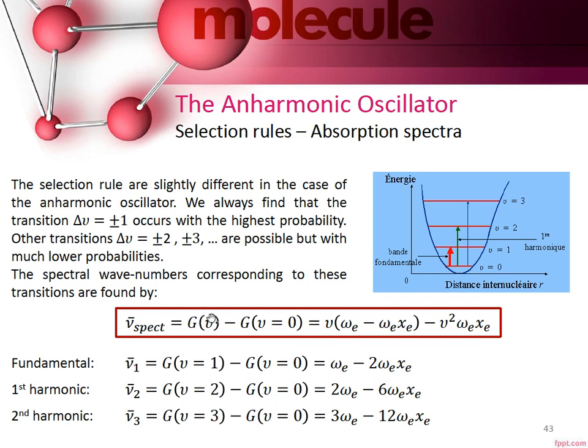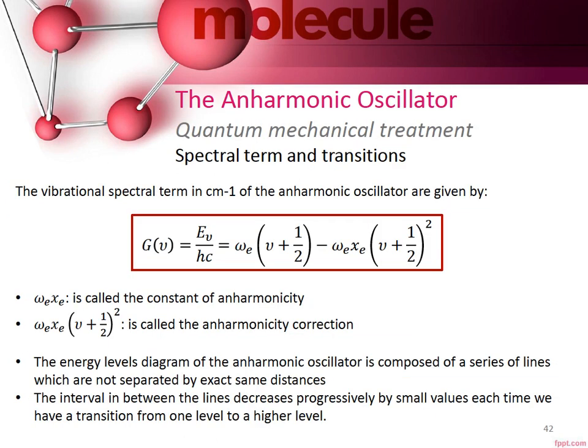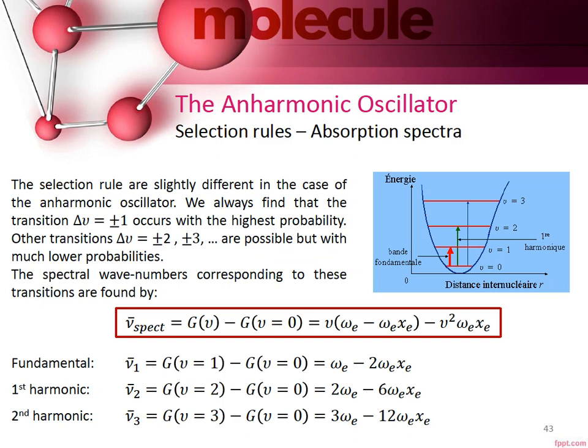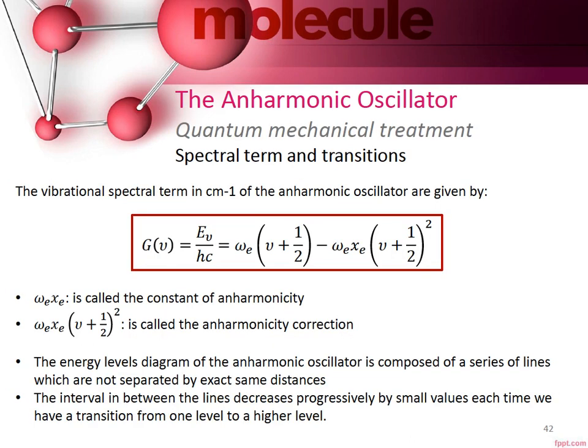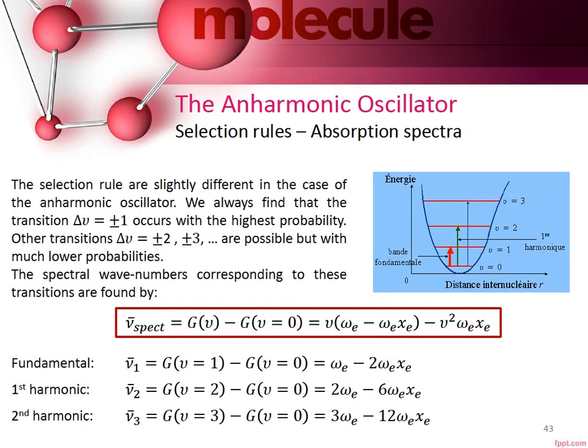Just do the calculation. You have G(V) and you have G(V=0). You make the difference between them. Put V equals 0, and then you keep the other one, V. You do the small math, and you get this expression.